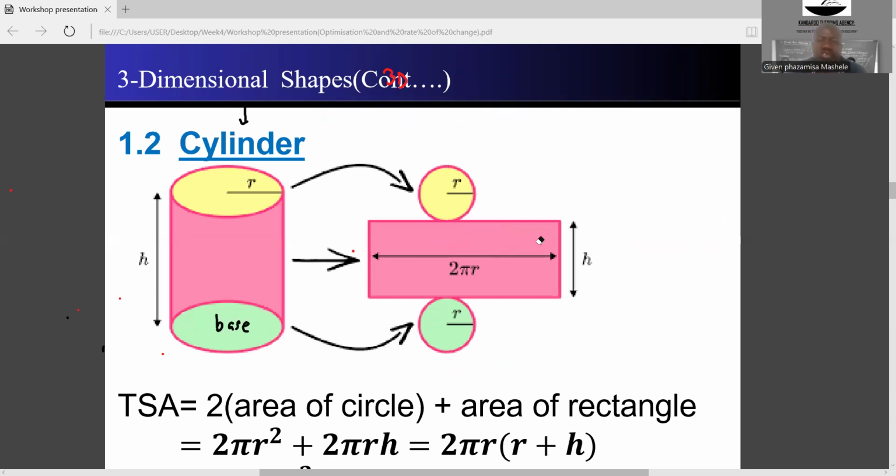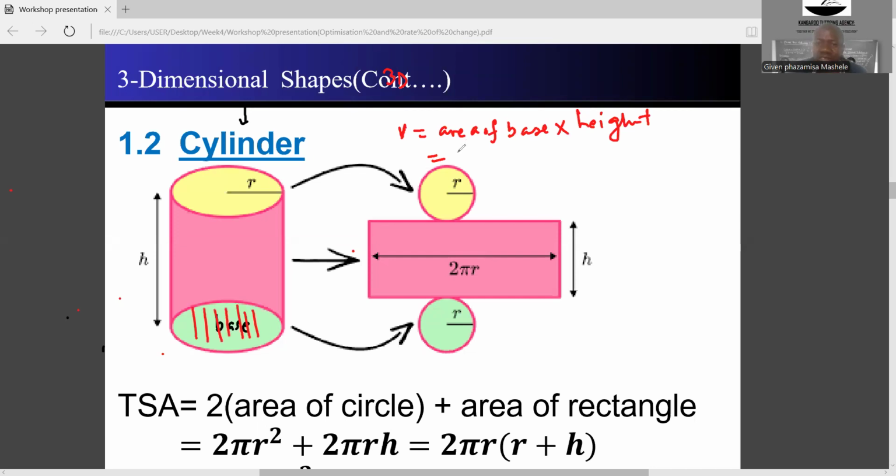How about determining the volume of a cylinder? Remember, a cylinder is just a prism. To determine the volume of any prism, what did I say? I said we take the area of the base and multiply by the height. And now, ladies and gentlemen, what is our base here? Our base is a circle.